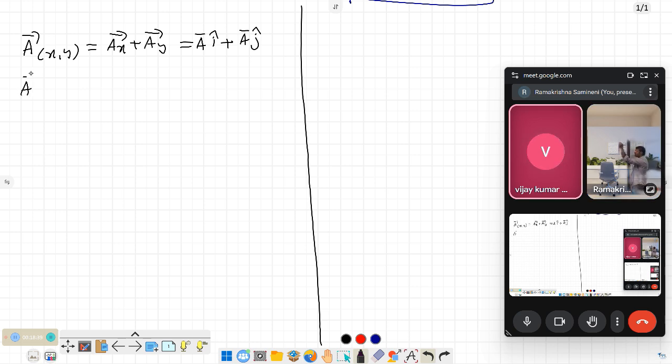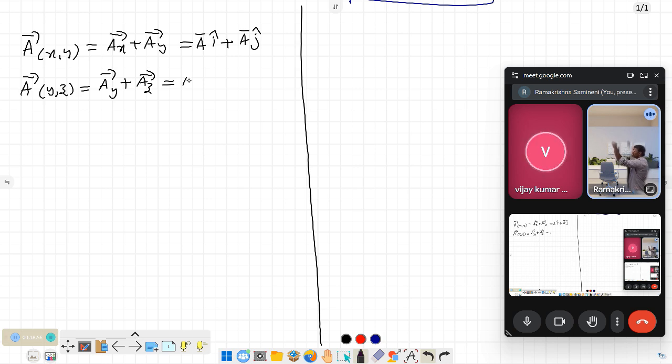If a vector is between y and z axis, in this case the vector is ay vector plus az vector. This also I can write in terms of magnitude and direction using unit vectors as a bar i, meaning what is the unit vector along y axis? j cap, plus a bar in the z axis, meaning what is the unit vector along z axis? k cap.